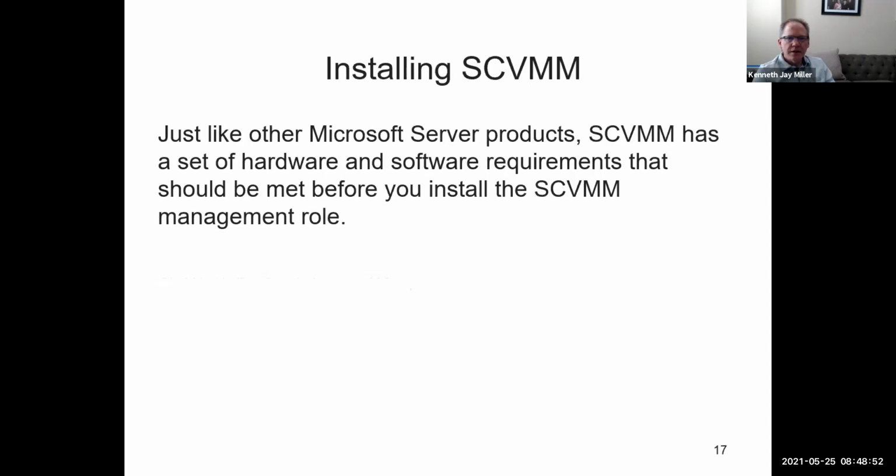Okay. Now, installing the System Center VMM, we saw this in that video, and I'll put that video in the link of module week 14 that we're in. So just like anything else, it has system hardware and software requirements.